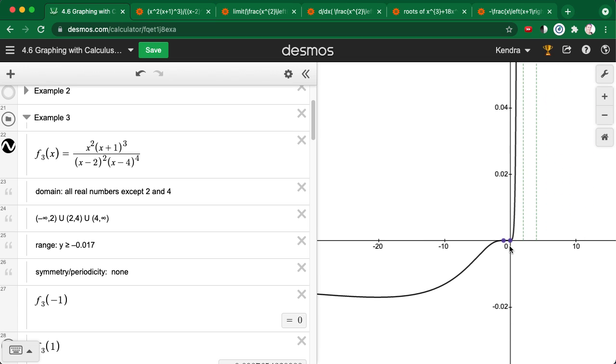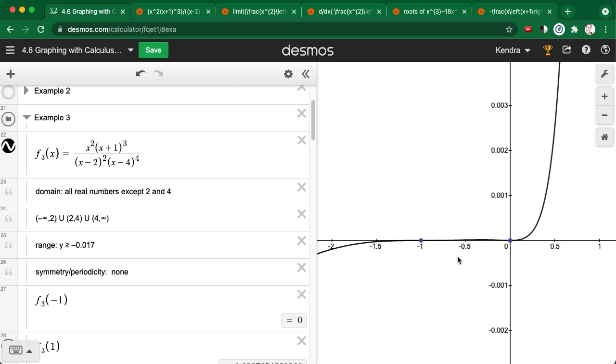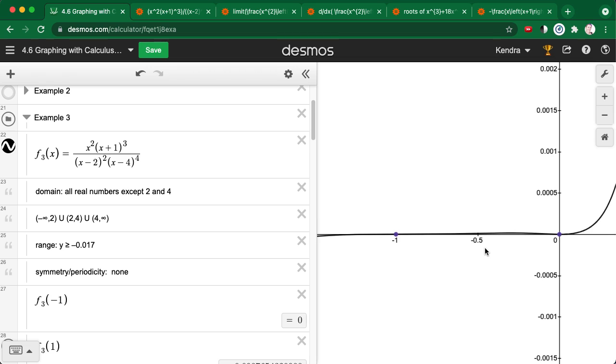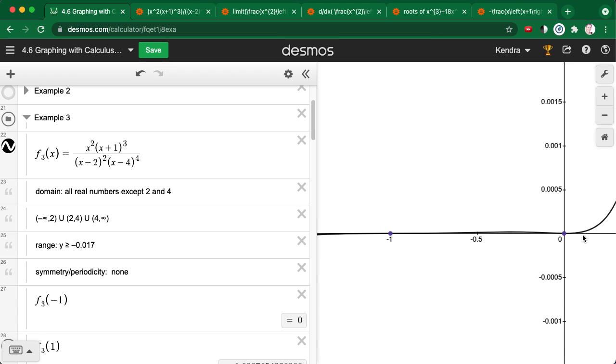And maybe we want to zoom in on these pieces here, which are still kind of hidden. So we had a local minimum at x equals 0. You can kind of see that a little bit. And this one was a local maximum at 0.000017.